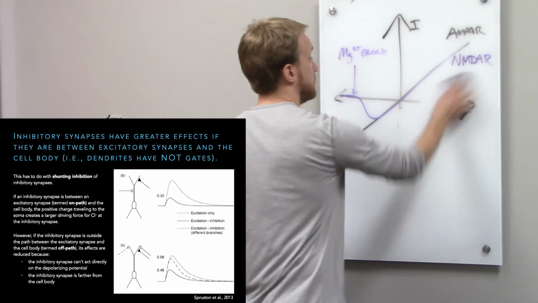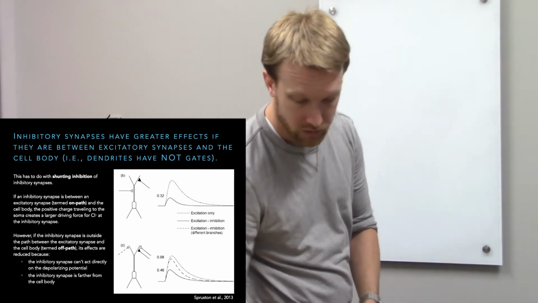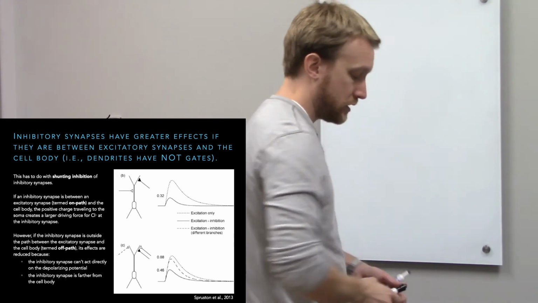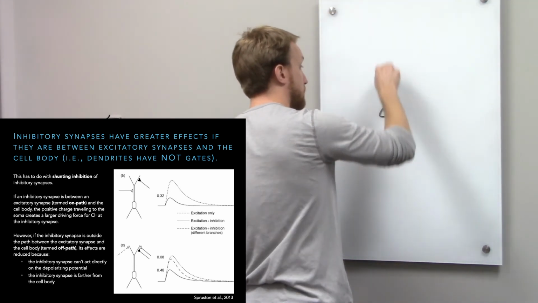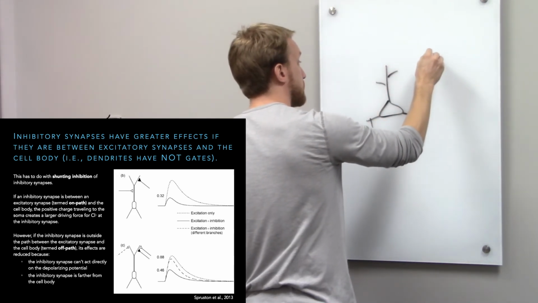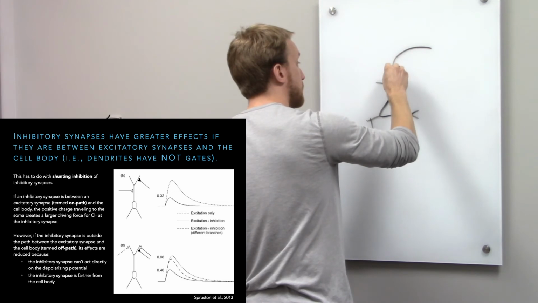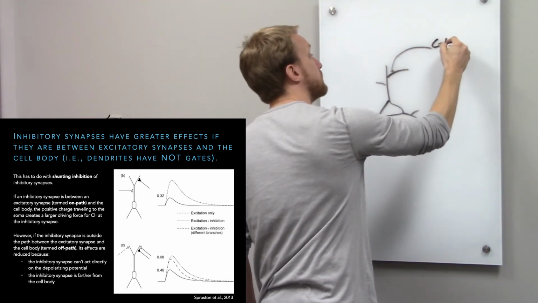So let's consider our on and off path inhibition. So we'll have our neuron and our excitatory synapse be black here. So we get, let's say, excitatory input here. This will be releasing glutamate.